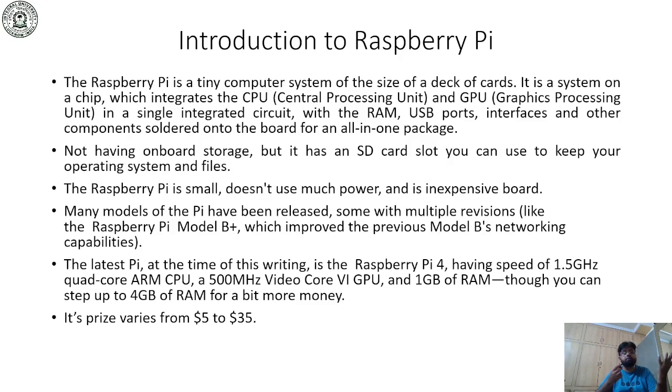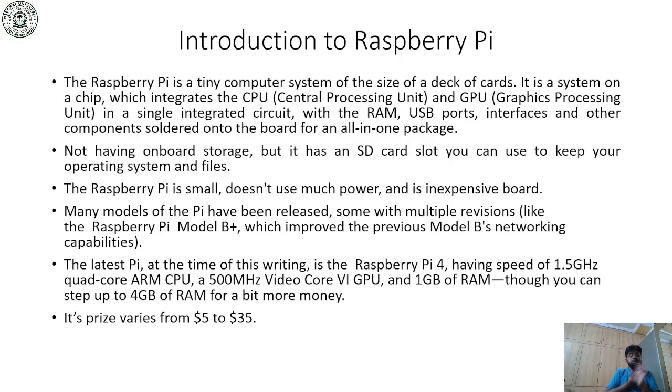So you can see the speed. We have a quad core processor, a GPU, and 1 GB of RAM. You can also get 4 GB of RAM in that Raspberry Pi 4. So you can see the capability of the Raspberry Pi 4.